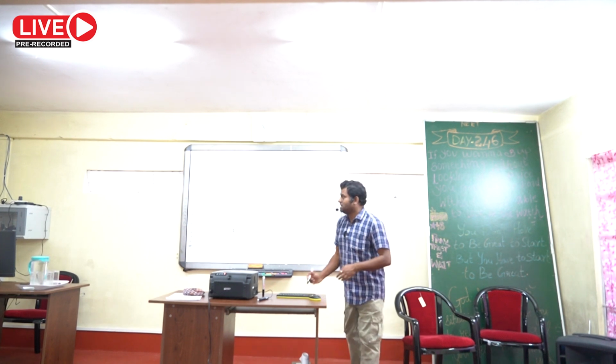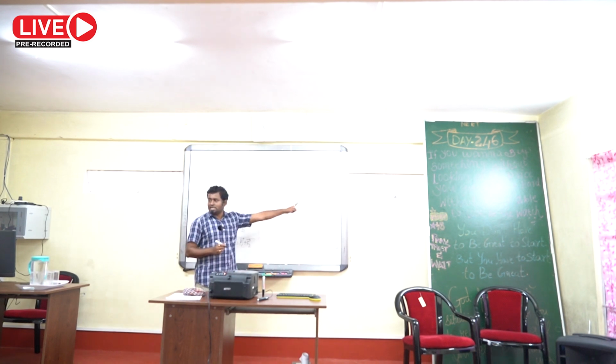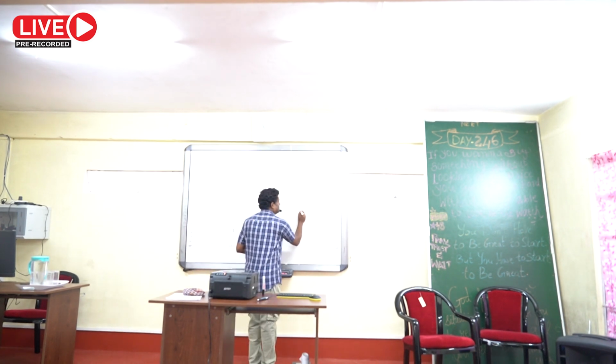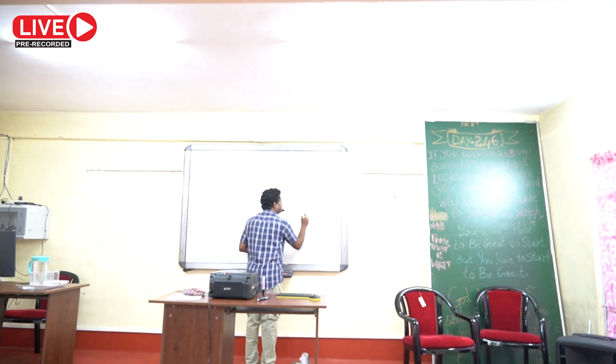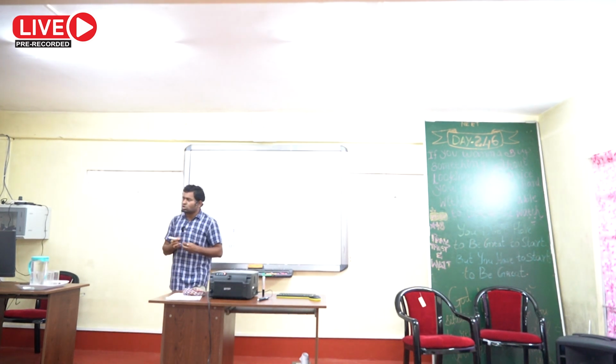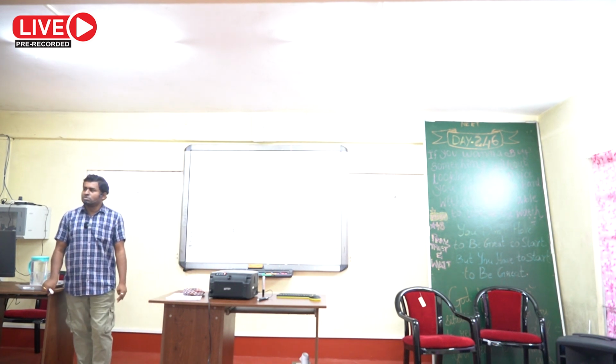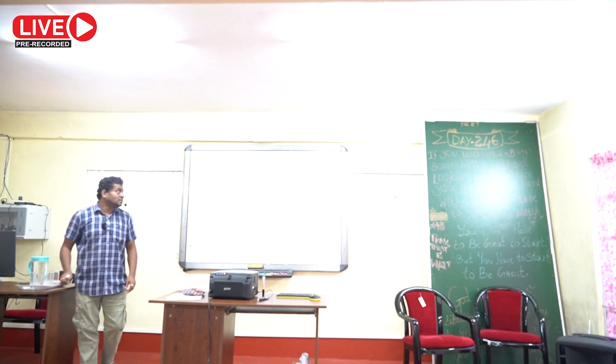Clear? Then we can do the same thing to the right side. Mass is also constant. So I can put it inside the derivative because mass is not depending on time.